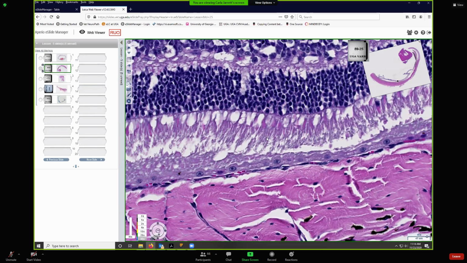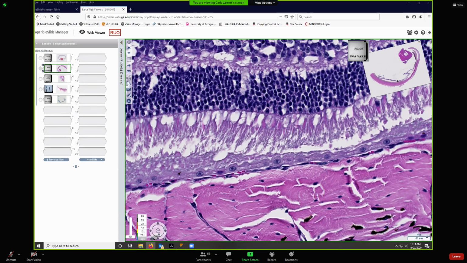All these little linear lines right here in the outer segment of your photoreceptor layer, these are rods. Let that name tell you: see how they're all linear, they're rod shaped. And then see how these are kind of bulbous or cone shaped. So these are cones. Cones, rods, cones, rods, they're all mixed in together. So that was to see if you could ID one of those.